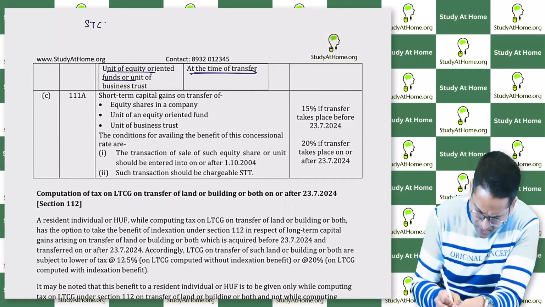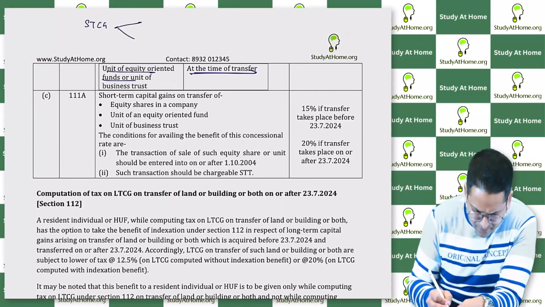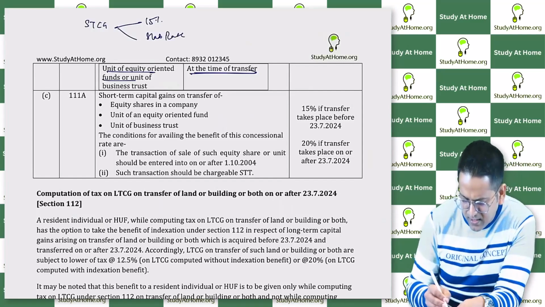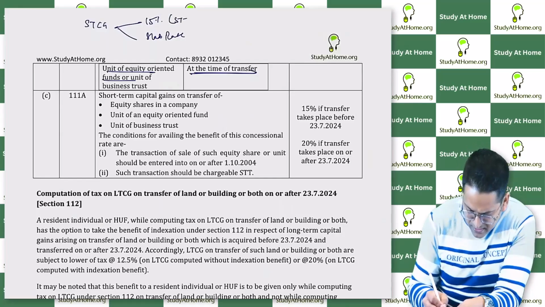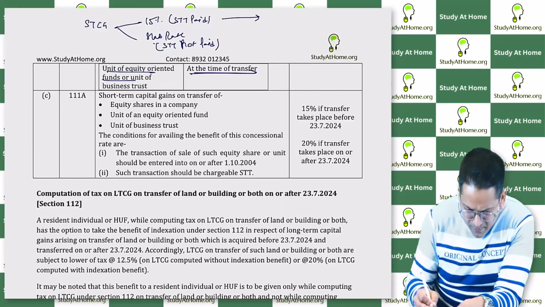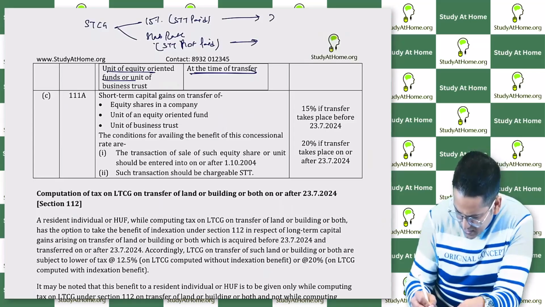In short-term capital gain, earlier 15% was there, and there was the slab rate. In the STT paid case, it was 15%. In the STT not paid case, the slab rate was there. The one with 15% became 20%.